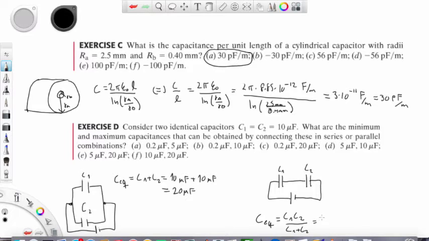So we get 10 microfarads squared divided by 10 microfarads times 2. So these cancel, and we have 10 microfarads divided by 2, which is 5 microfarads. And in this case, the correct answer would be option E.